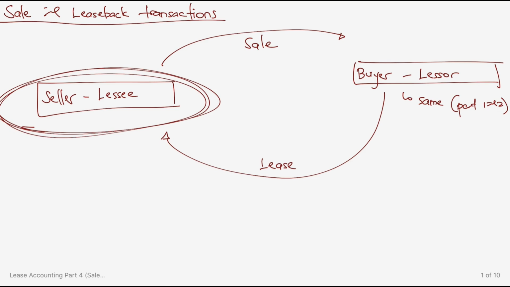Ibig sabihin, pagdating kay buyer-lessor, tignan mo muna kung finance lease ba yan or operating lease yan. Okay? So, finance lease yan kung present ulit yung TOMS natin. Ano nga ulit yung TOMS natin? First, may transfer of ownership. Pangalawa, may option to purchase. Pangatlo, material yung lease term, that is at least 75% of the useful life of the asset.